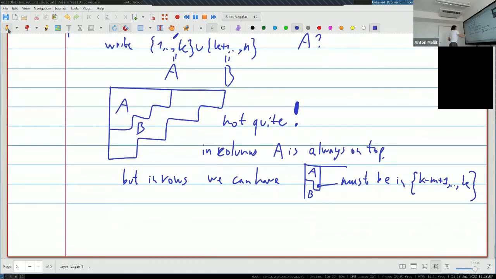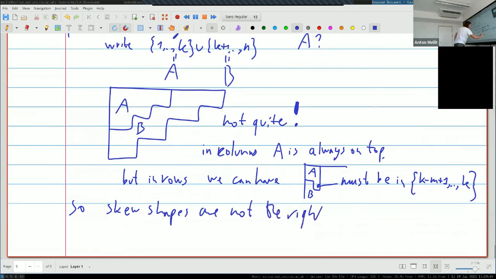Now it seems that skew shapes is not the right thing to look at. Because what makes skew shapes natural in the classical theory was precisely this property that if you divide your elements into two subsets, you will have that A and B are always skew shapes.